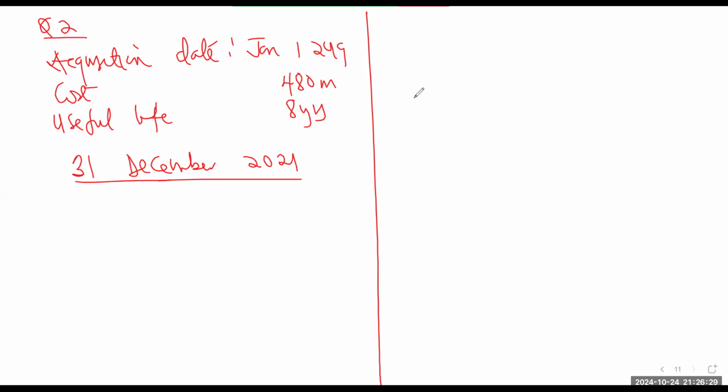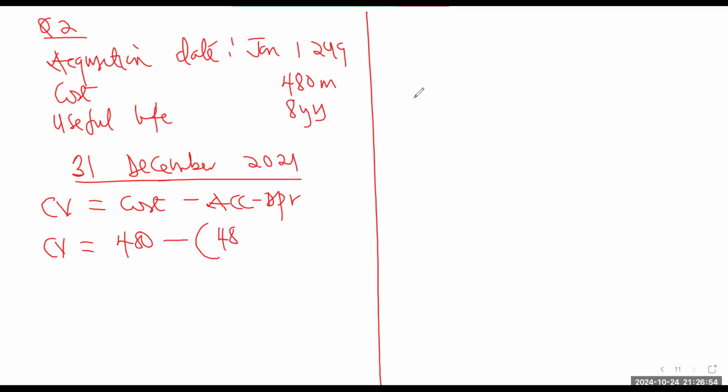What will be the carrying value as at that date? The carrying value will be the cost minus the accumulated depreciation. From 2019 up to the end of December 2021, how many years is that? 3 years. So we are going to be having 480 million minus 480 divided by 8 multiplied by 3.